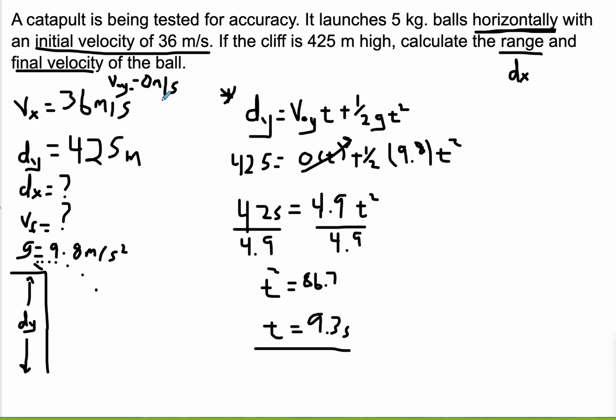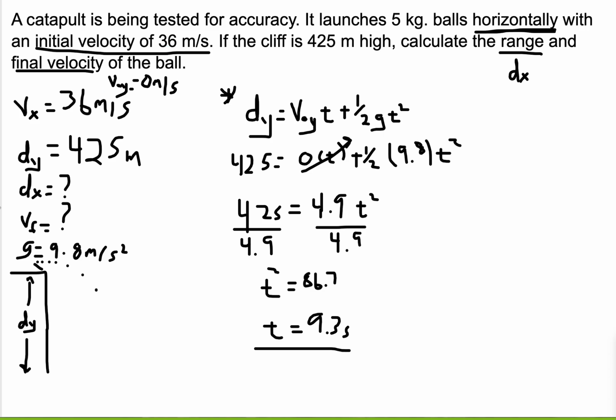The moment it leaves the launcher, for one brief moment in time, it hasn't fallen yet, so the starting speed at that moment is 0 in the up and down direction.